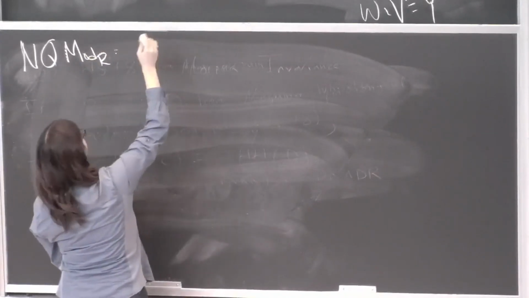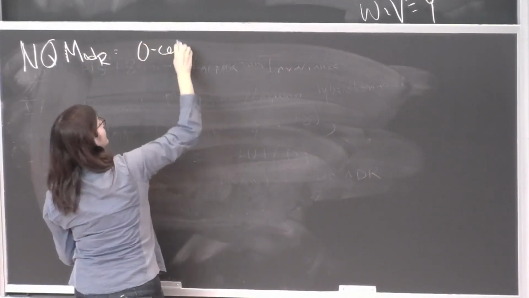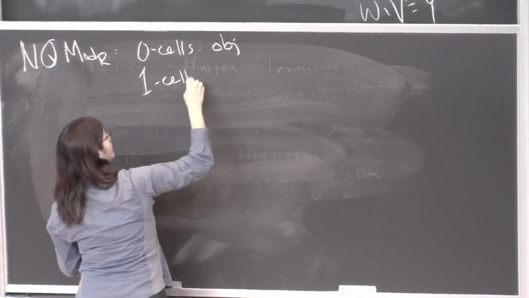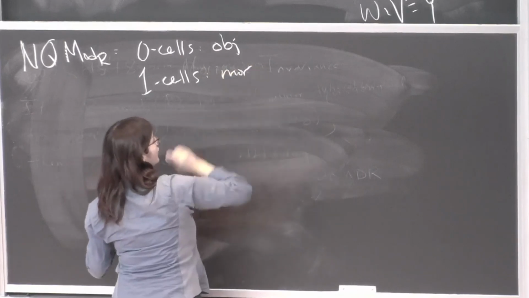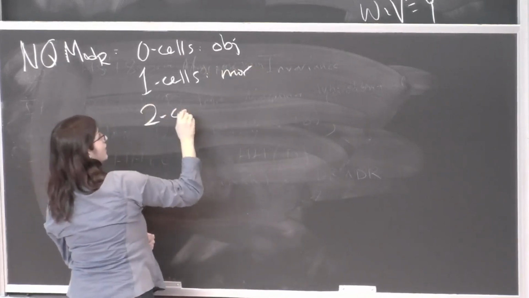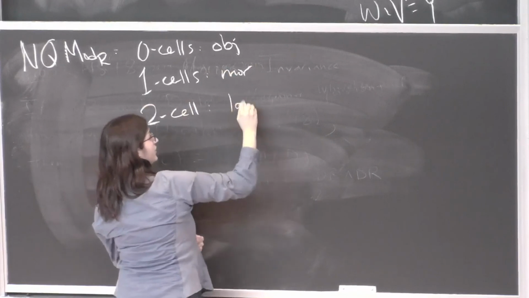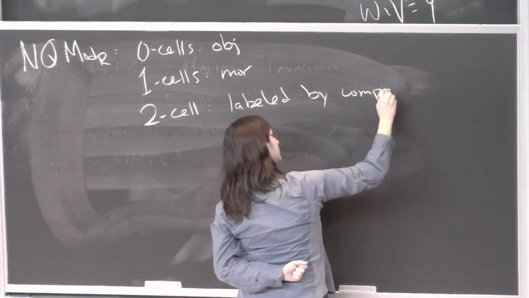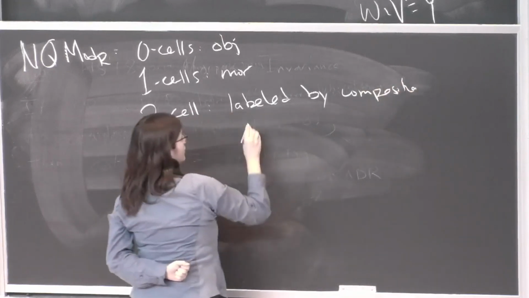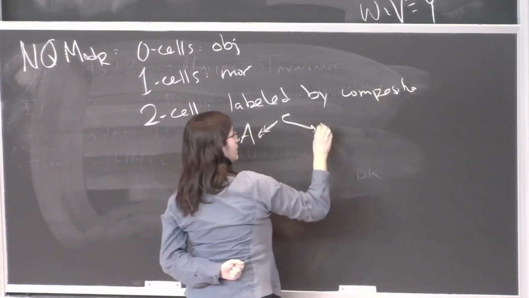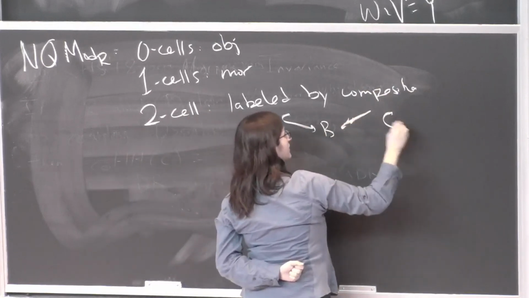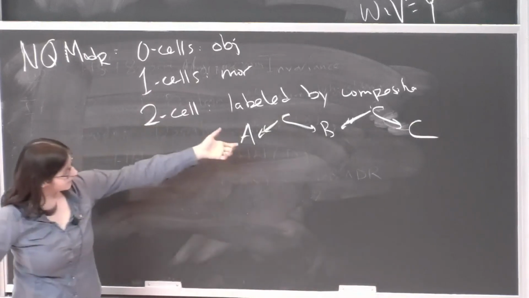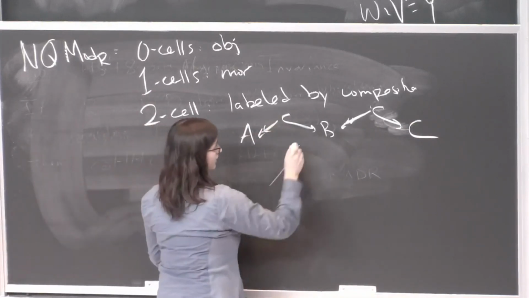So this means we have 0 cells, which are objects. We have 1 cells, which are labeled by morphisms. A 2 cell is labeled by a composition. So we have A to B to C, and we attach this as a triangle.